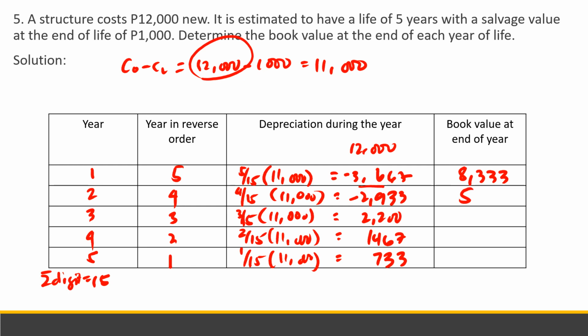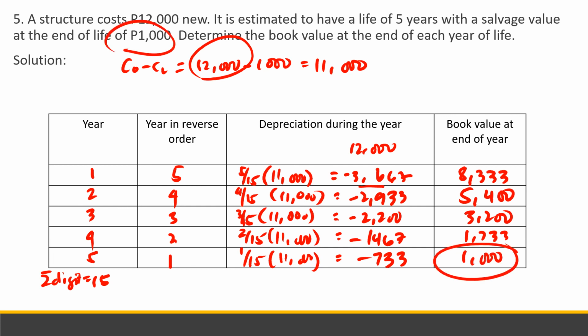This will become 5,400 minus 2,200, 3,200 minus 1,467, 1,733, and at the end of 5 years, the book value is 1,000. So it should be equal to the given book value at the end of its life. So meaning correct yung solution natin. So ganun lang. So it is an easy process in finding the depreciation. So that's it for the 5 methods.